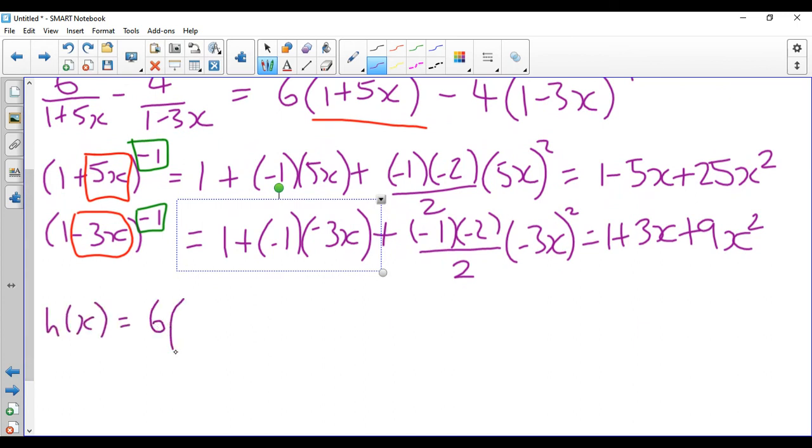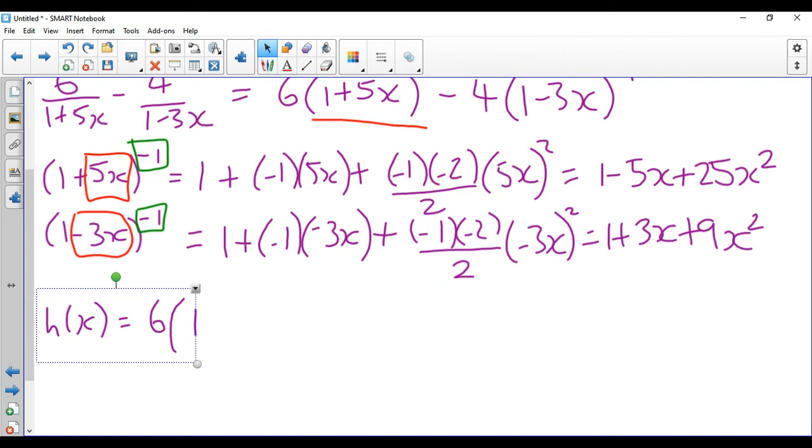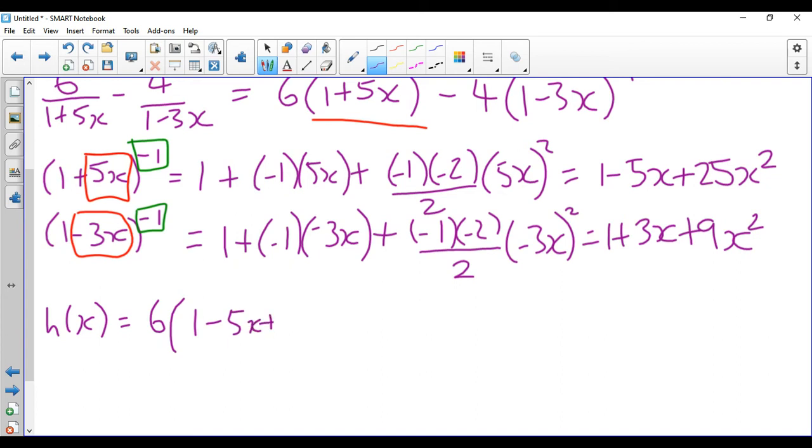That was 6 lots of the first expansion: 1 minus 5x plus 25x squared, and minus 4 lots of my second expansion, 1 plus 3x plus 9x squared.